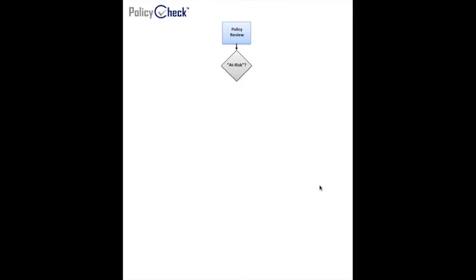But the first component is the policy review. The policy review is executed by RIC. It's a third-party independent analysis, and that's done on virtually every policy in their database. The second step, the restructuring analysis, is applied only to policies that are predetermined to be at risk based on the review done in step 1.